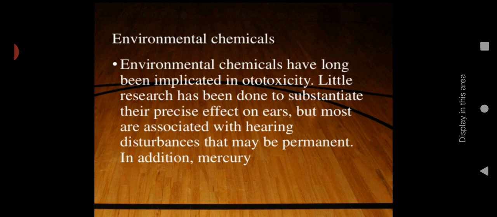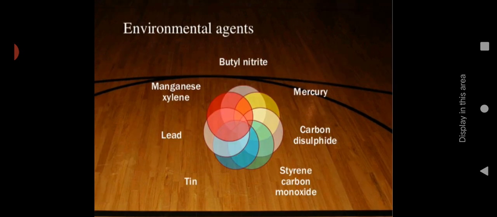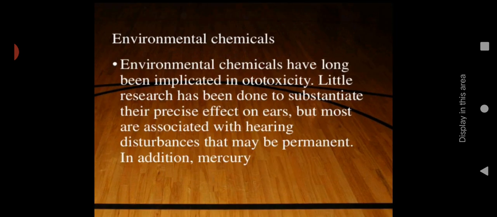Environmental chemicals have long been implicated in ototoxicity. Little research has been done to substantiate their precise effect on the ears, but most are associated with hearing disturbance that may be permanent. In addition, mercury. There is a lot of research done to identify the precise effect of these chemicals on the ear.